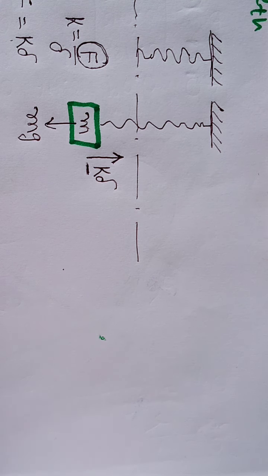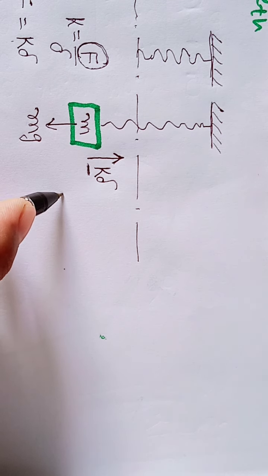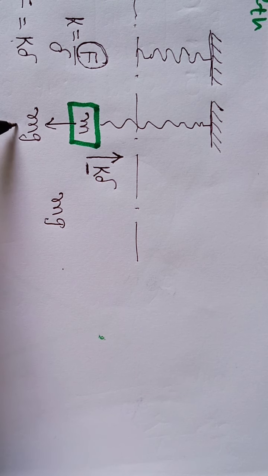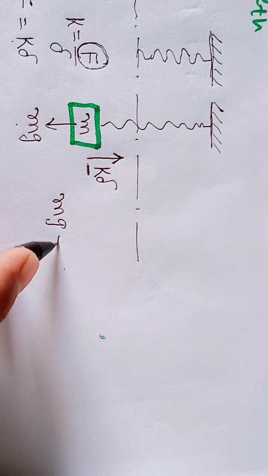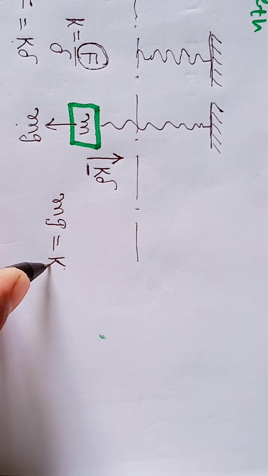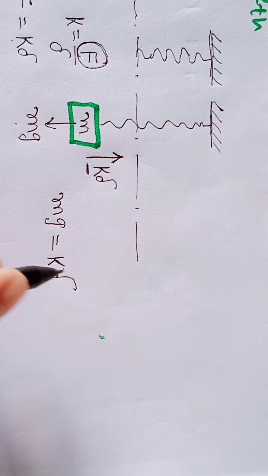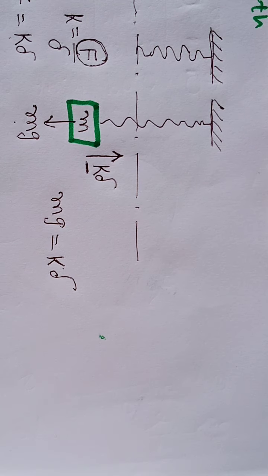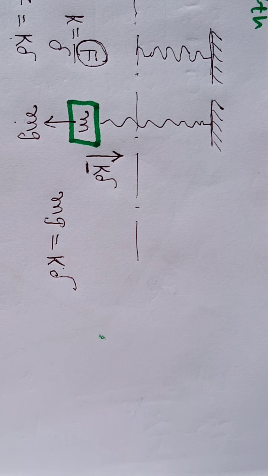Here we have one equation, mass into g, that means downward force, is equal to stiffness constant into delta. Delta is deflection. Now mg is equal to k into delta. g is nothing but acceleration.